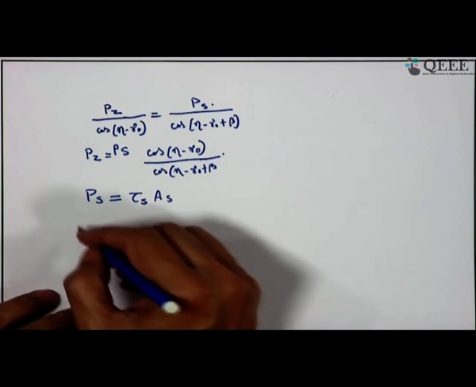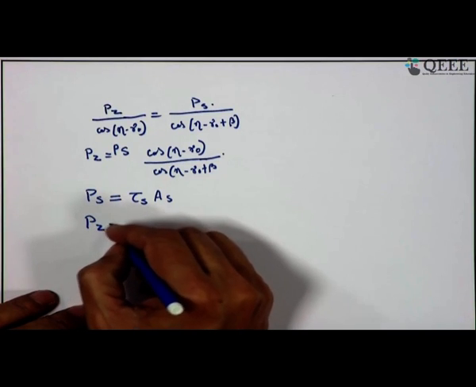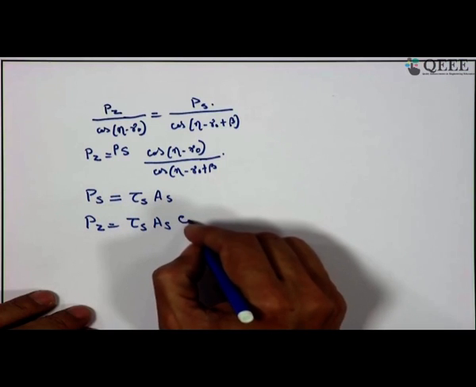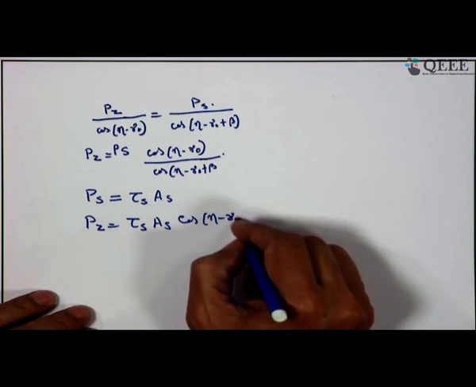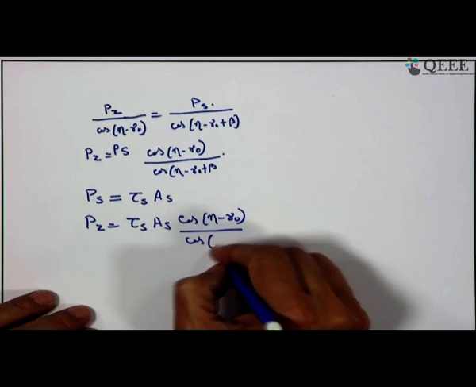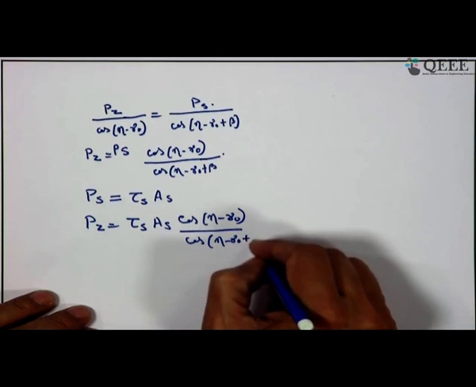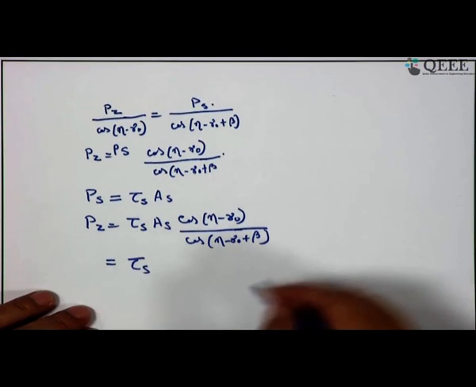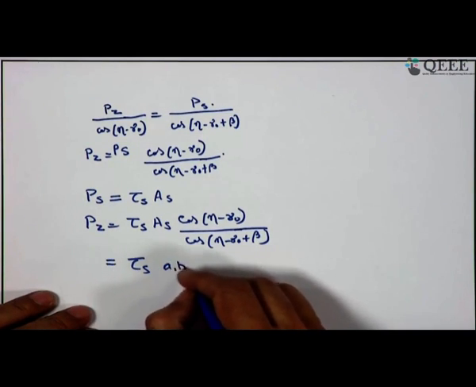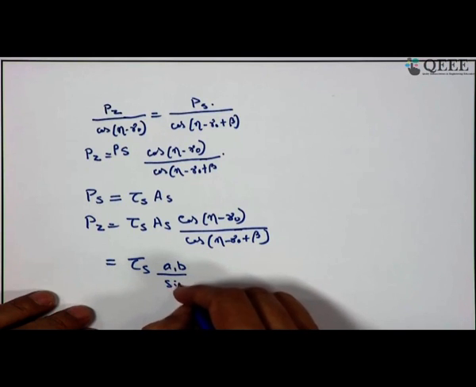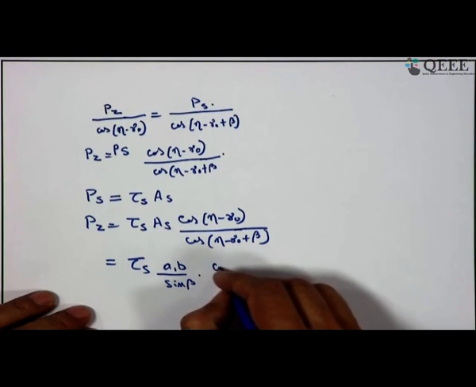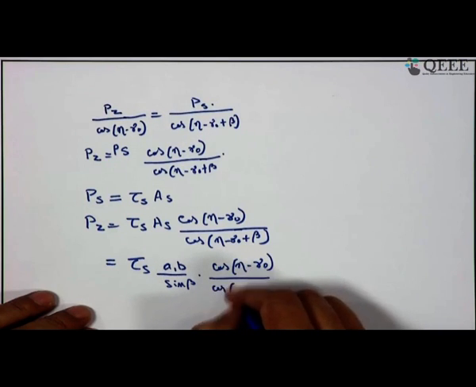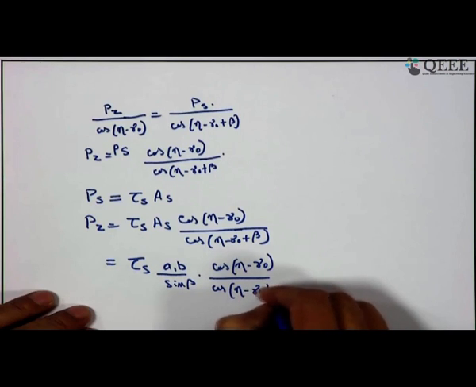So, you have to finally replace Pz is equal to tau s into As into cos of eta minus gamma o divided by cos of eta minus gamma o plus beta. So, from there as a replacement what we get, this is A1 B1 by sin beta into cos of eta minus gamma o divided by cos of eta minus gamma o plus beta.